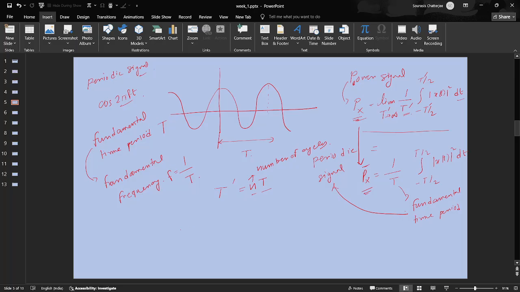Let me just replace here Px. I'm removing the limit as of now, you can just keep it in mind. It becomes 1 over n times t, integral from minus nt over 2 to nt over 2 of x(t) square dt.